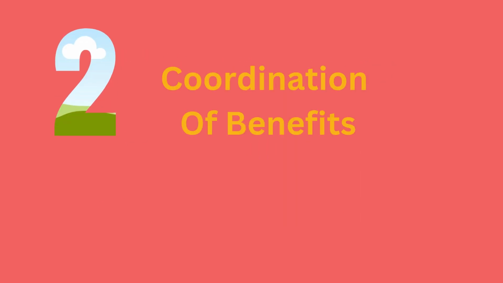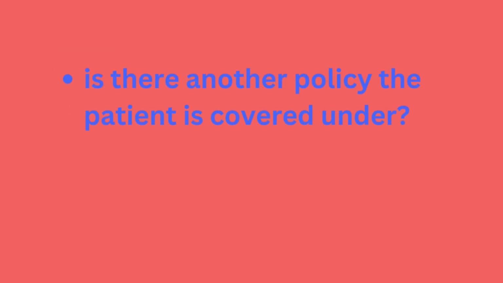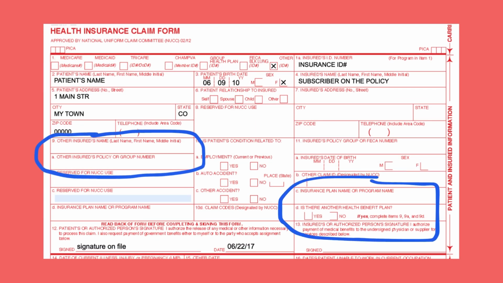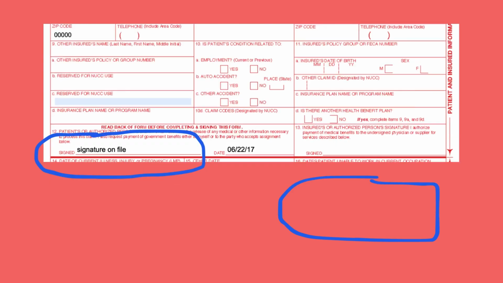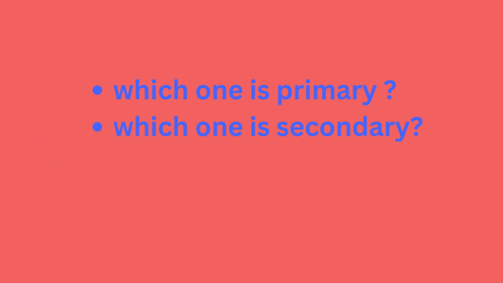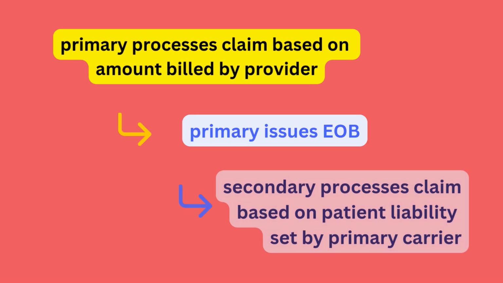Next, coordination of benefit. That means your insurance needs to find out whether another policy is responsible for payment, whether you are the subscriber or another family member. More important, which one is primary, meaning they will process and pay the claim first, and which one is secondary, meaning they will receive the claim after the primary insurance has issued an EOB.